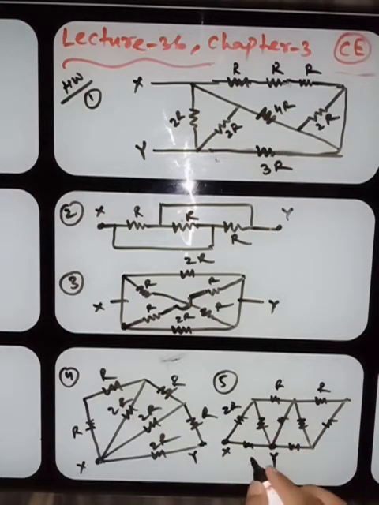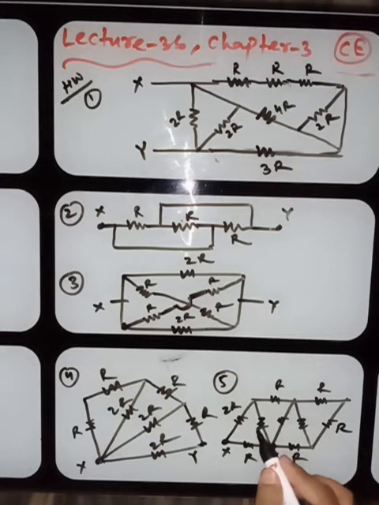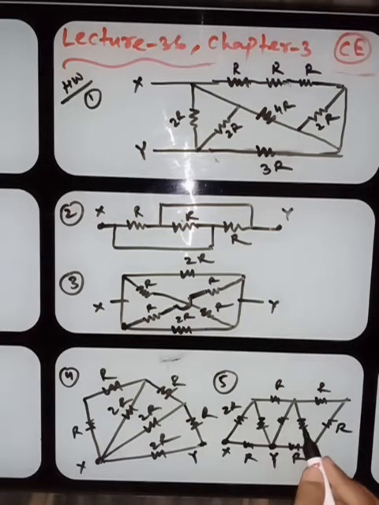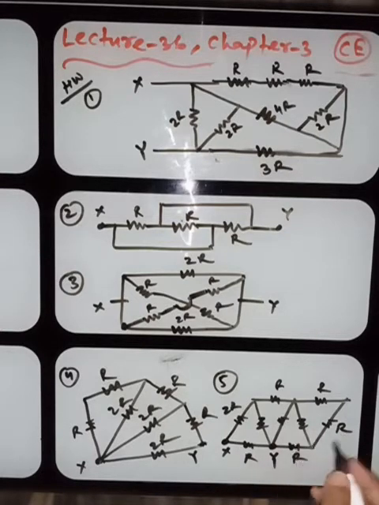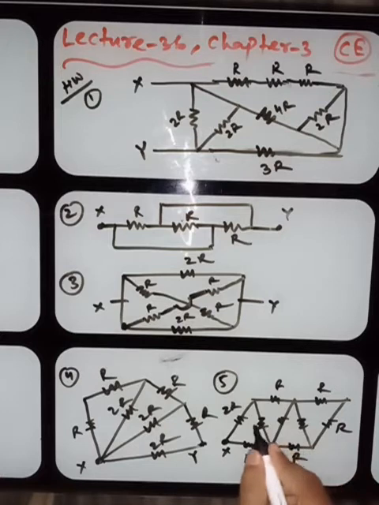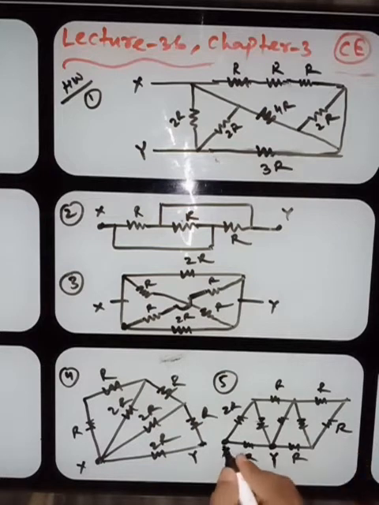This is R. This is R. This is also R. And all this one is 2R. Because the space is very small, I'm not writing, I'm telling you all these values are 2R except this one. This is R. You have to find equivalent resistance between this X and Y.